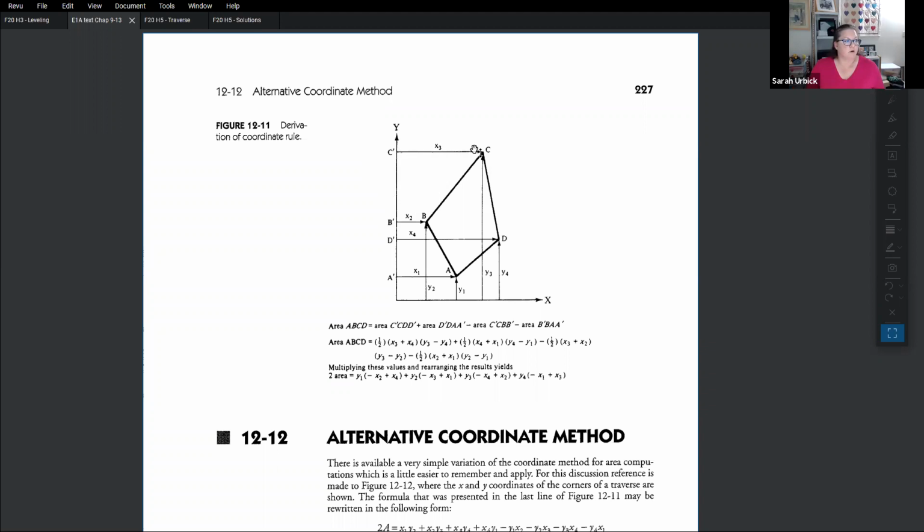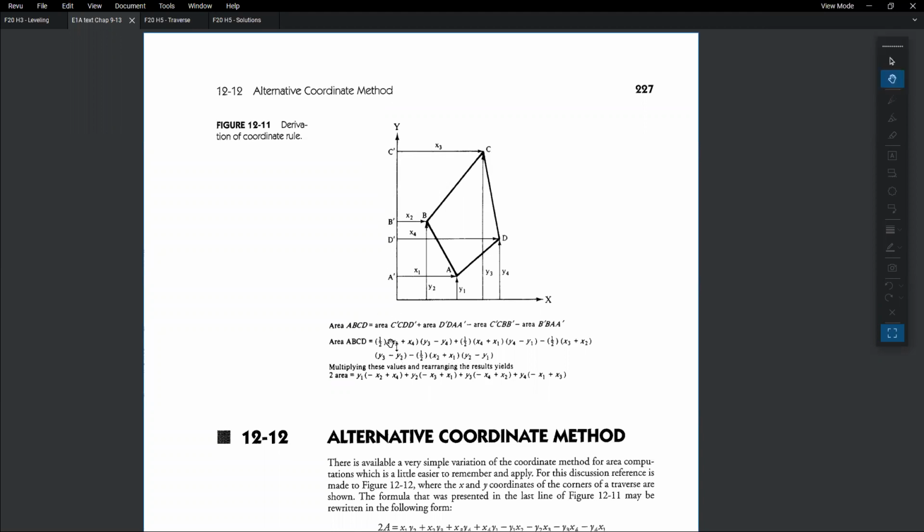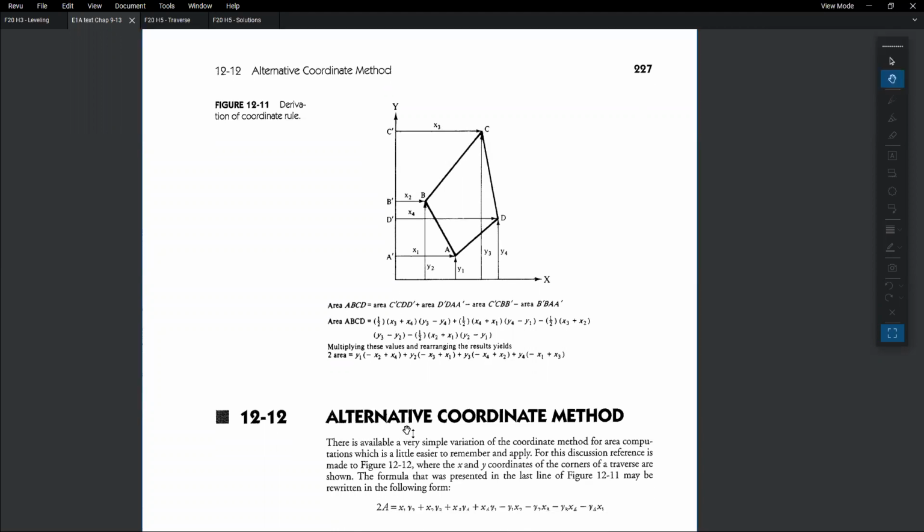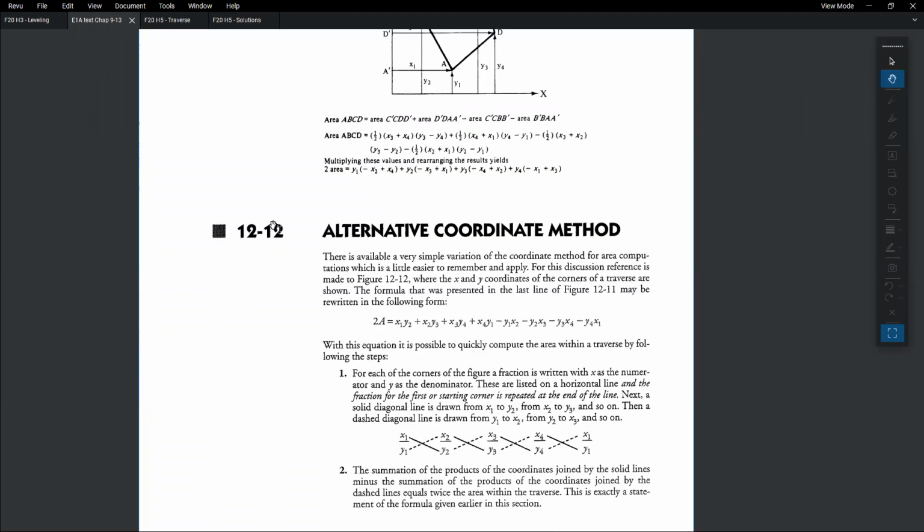If we take the whole area and go out to the furthest extremes and then back off the other areas, then we find out how that formula plays out. Yeah, that does make a lot of sense. I can see from the picture. Yeah, that does make a lot more sense.